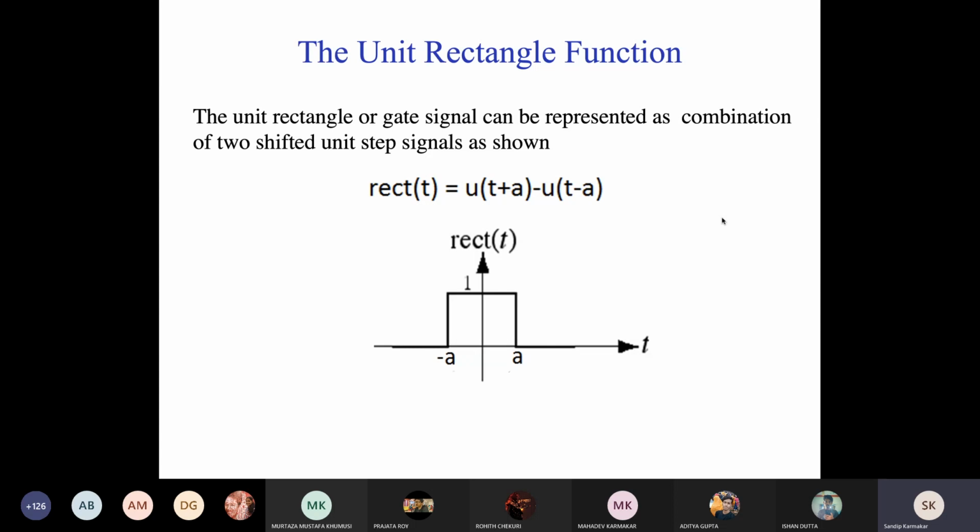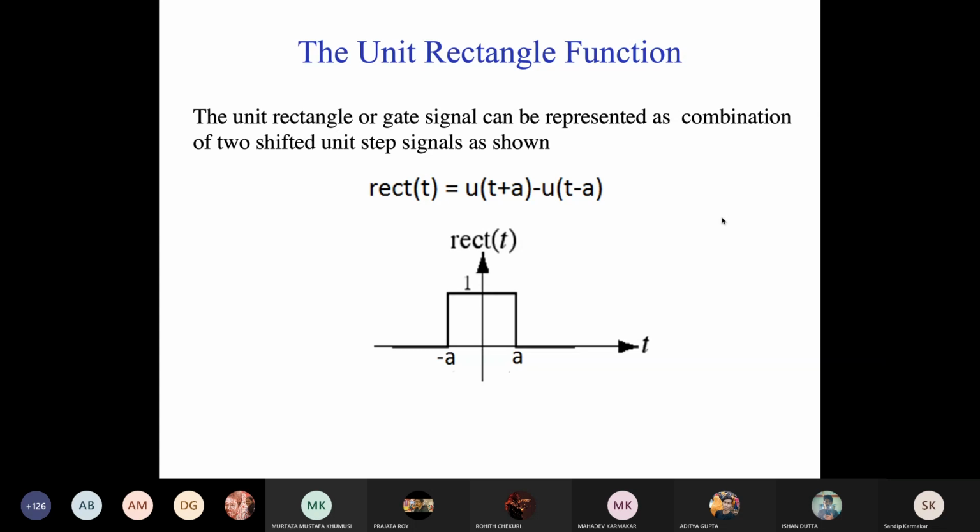Did you understand this? u(t + a) minus u(t - a) is the rectangle function of t, equal to? Did you understand this? Yes, sir. How? Explain why this is true.